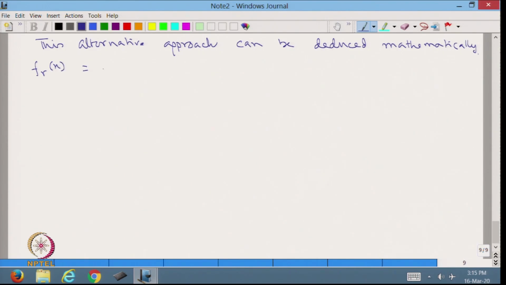This is equal to d/dx of F_r(x), which is equal to the limit as delta x goes to 0 of [F_r(x + delta x) minus F_r(x)] upon delta x.